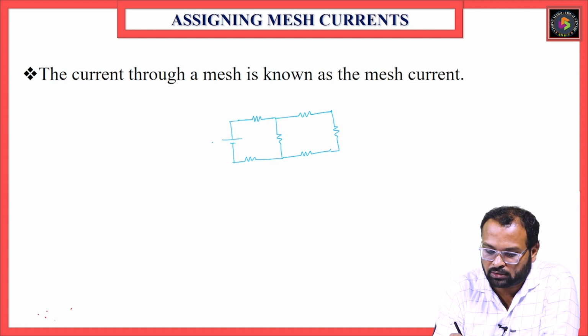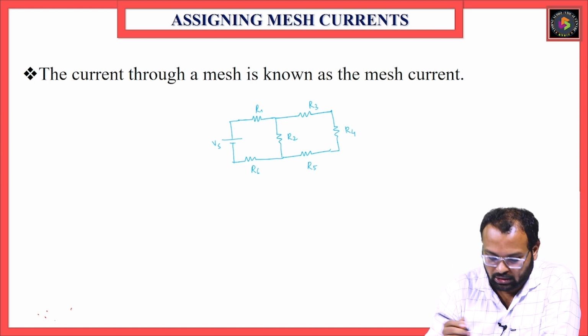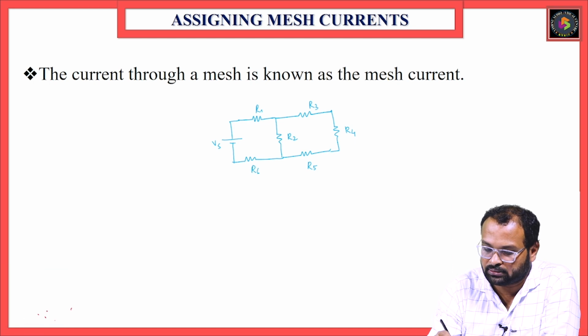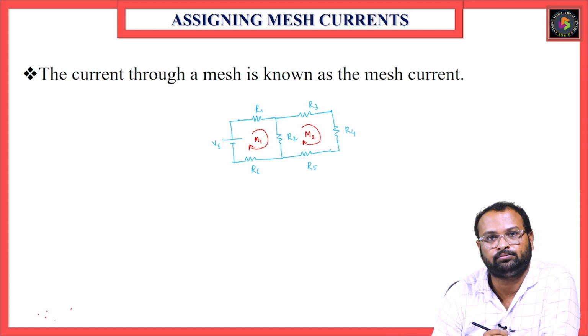So that is Vs. This is R1, R2, R3, R4 and R5, R6. We've seen the number of meshes. This is mesh 1, so I'm taking it as M1, and this is mesh 2, M2, right?